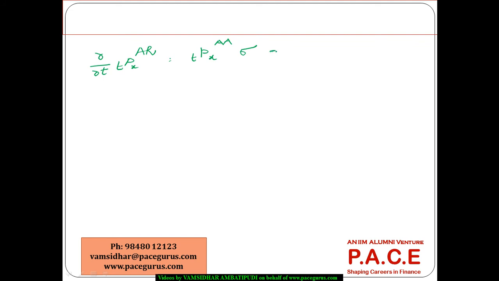Similarly, I am subtracting T P X from active to retired already, and from retired the only transition is death, which comes out as nu x.